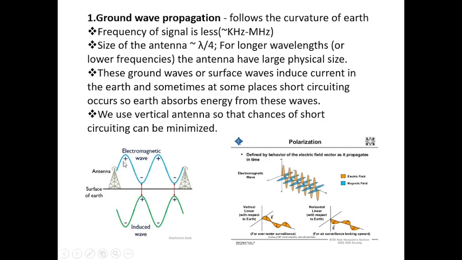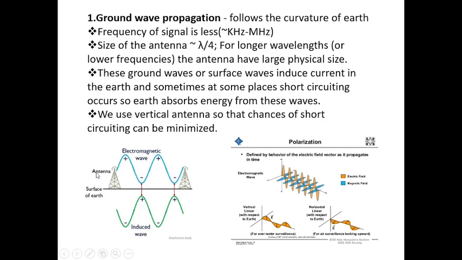Suppose you are sending a ground wave, an electromagnetic wave. This is positive amplitude and this is negative amplitude. This is nothing but the electric field vector. Because electromagnetic means we have both electric and magnetic vectors, but here we are showing only the electric field vector.